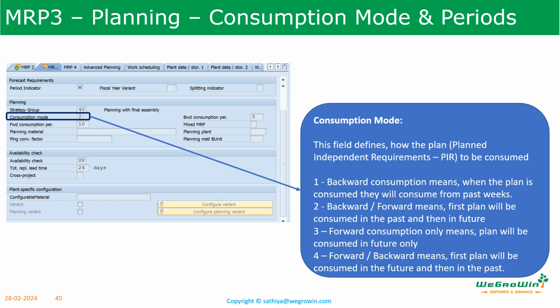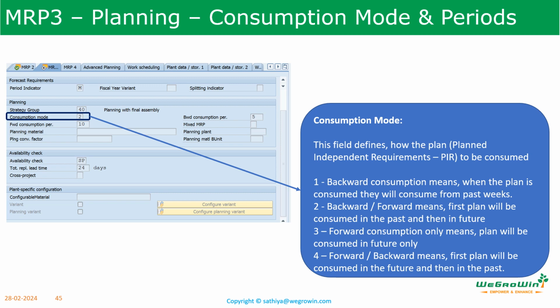Why do we have these different consumption modes, backward, forward, like this? See, there are many requirements from different industries. There are some companies where we don't want to maintain the past plan, the materials in the past dates, so they will prefer only forward. Or there are some organizations where they will look for consuming the plan in the forward direction.